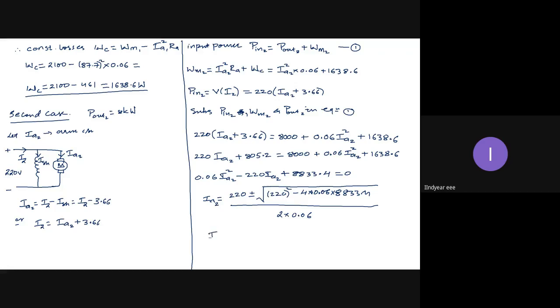So IA2 is equal to, you need not do this by hand, you can directly put it in the calculator in equation calculations. Both the values you can get.